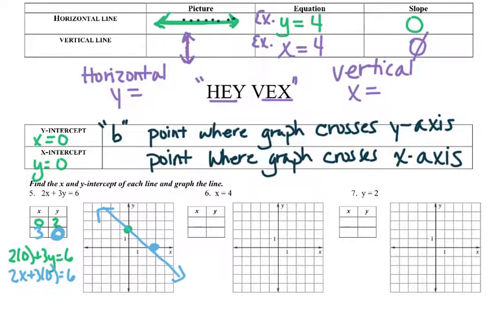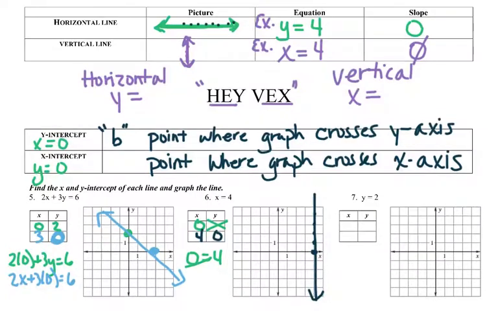Lines have an infinite number of points. Two of those points are the x-intercept and the y-intercept. If I do the same thing here, if I put in a 0 for x, does 0 equal 4? No. So there is no y-intercept. If I plug in y equals 0, there's no y to plug in, saying that the x is always 4: 4, 0, 4, 1, 4, 2, 4, 3, 4, 4.